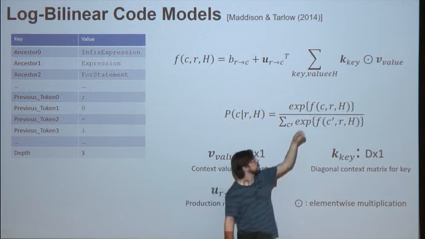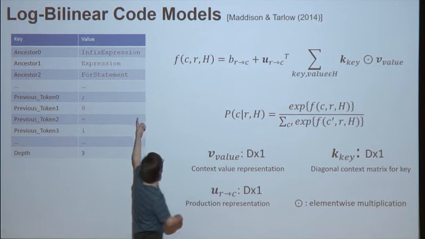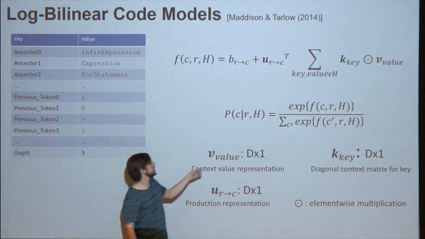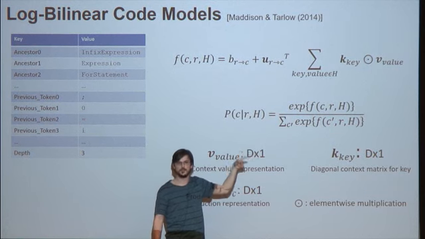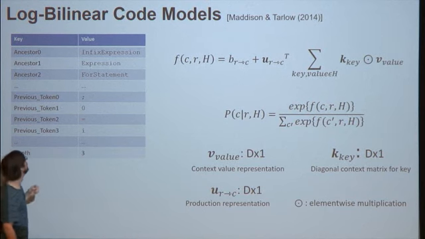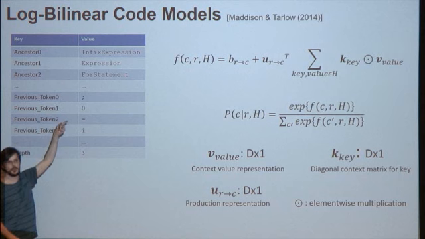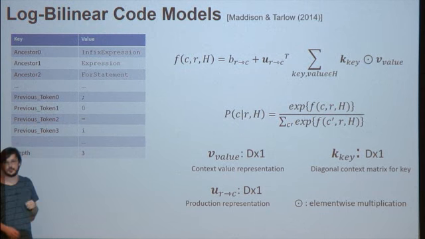We're going to have an input representation for each value that appears in our dictionary. And then we're going to have a context matrix, or a diagonal context matrix, for each key that appears in this dictionary.